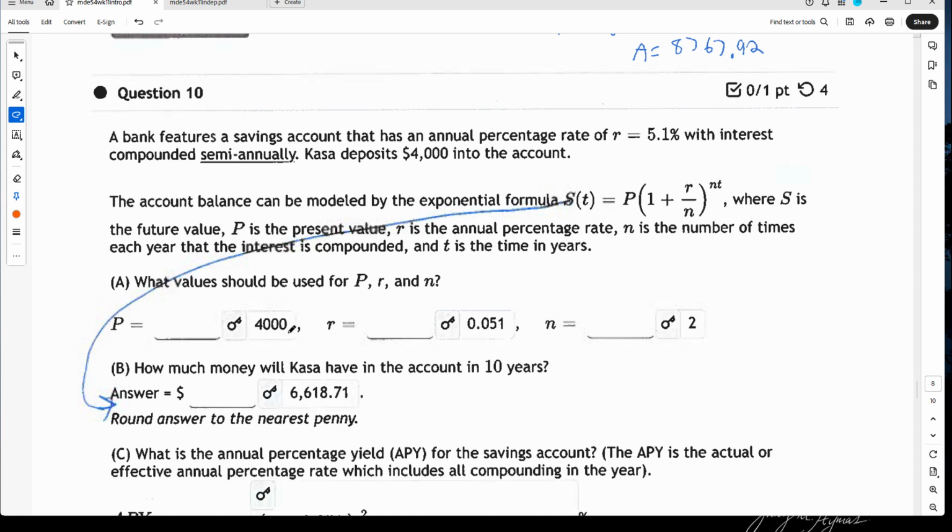So P is 4,000, the rate is 5%, so that's a decimal 0.05, and T, they're saying T is 2 years here.